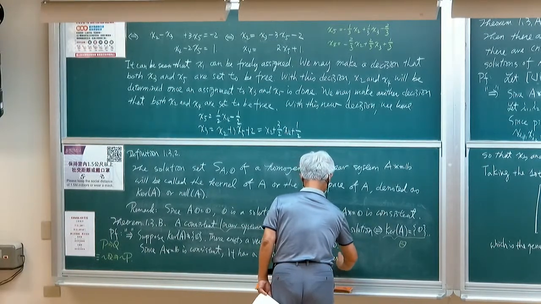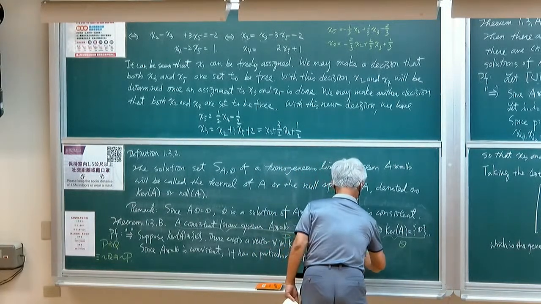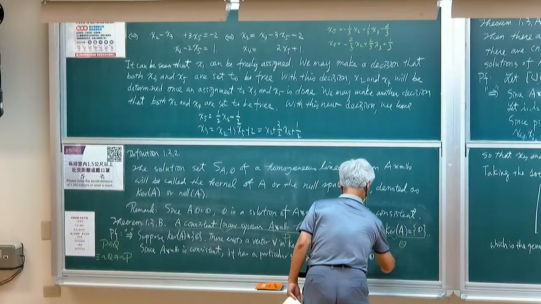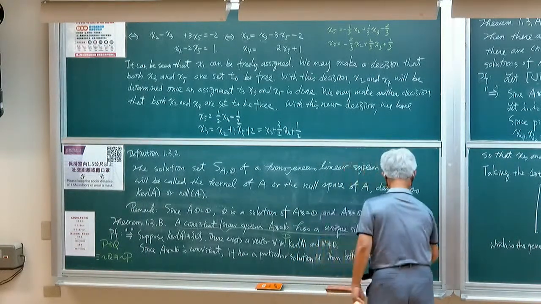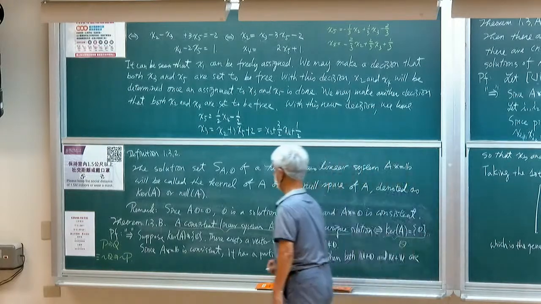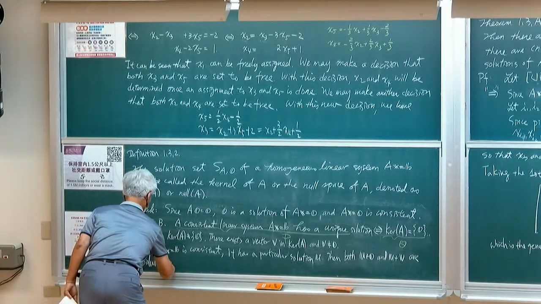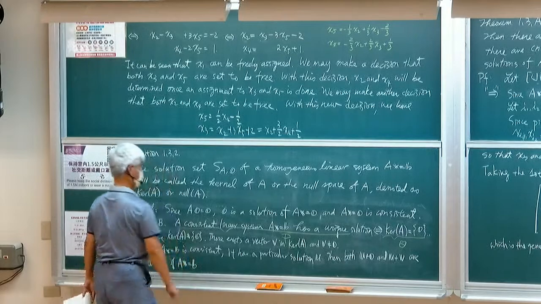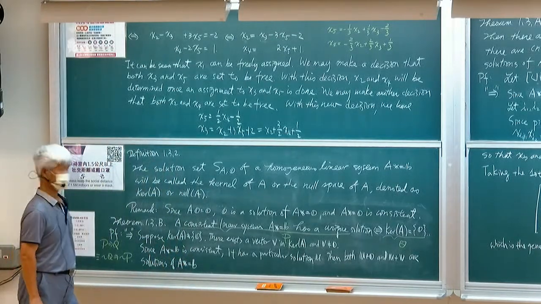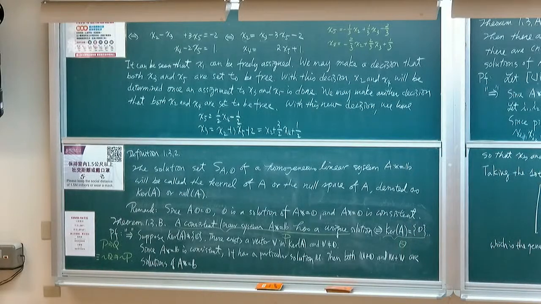Then both U plus 0 and U plus V are solutions of Ax equal to B. Because of the theorem.